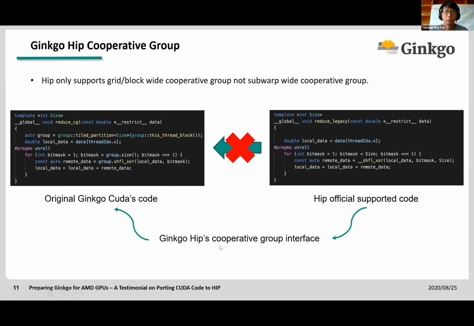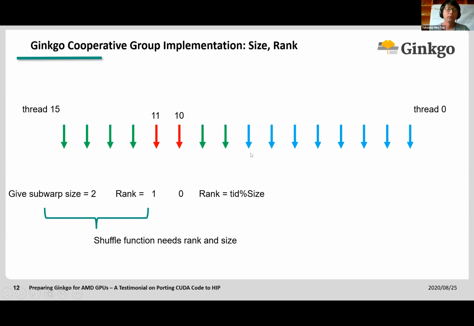After that, it will be identical again. We can see this part is the identical kernel moved to the common kernel to reduce code duplication. This is just a simple implementation. The warp size here will be 8. This one is the second warp, and we give the sub-warp size equal to 2, and we can easily compute the rank. The shuffle functions need rank and size, like shuffle XOR, shuffle up or shuffle down.